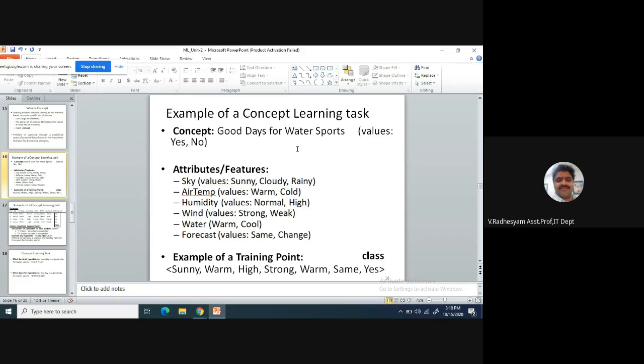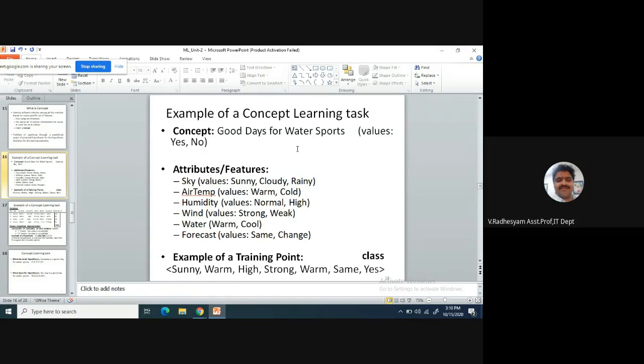Concept learning is nothing but a representation. Suppose sunny, warm, high, strong, warm, same. Those are the training points. It belongs to class S. Between the angle brackets, less than and greater than symbols, if you consider some set of values, this constitutes some concept.